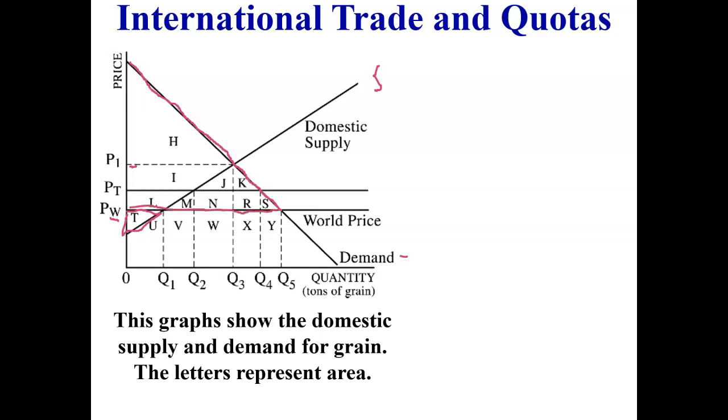And this is assuming no tariff yet, okay? So the way to answer this question, if you were looking for consumer surplus with the world price, HI, JK, LM, NRS, okay, all of that would be consumer surplus. T would be producer surplus, okay? Once we decide to have a tariff, this is now the government coming along.